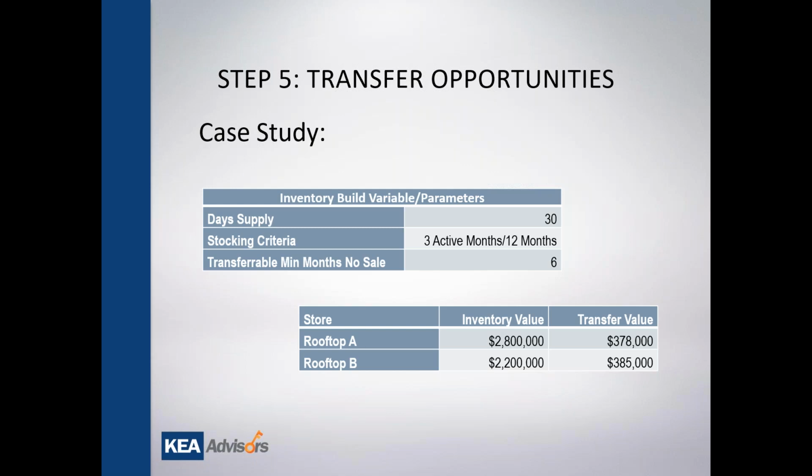But we also want to look at parts that may be stock status but haven't moved recently, and we'll transfer those. Okay. And you'll see for both stores around $350,000 to $400,000 of qualified inventory that they have but could transfer. And because it hasn't sold, there's that assumption that it's not going to affect your fill rate either, but it is going to increase the fill rate at the next store when you get the right part in. Okay.